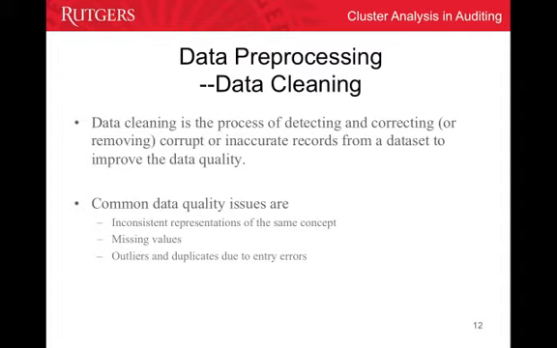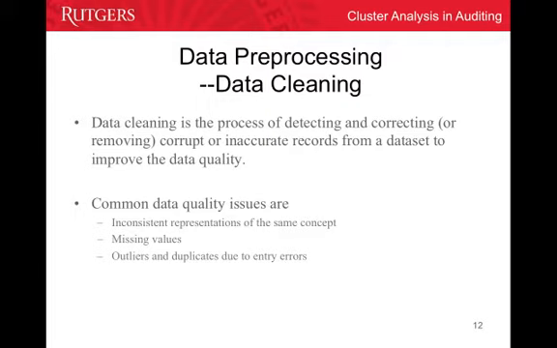The first step in cluster analysis is to prepare the data, to make the data usable for the following steps. The first stage in data preprocessing is called data cleaning. Data cleaning is the process of detecting and correcting or removing corrupt or inaccurate records from a database to improve data quality.